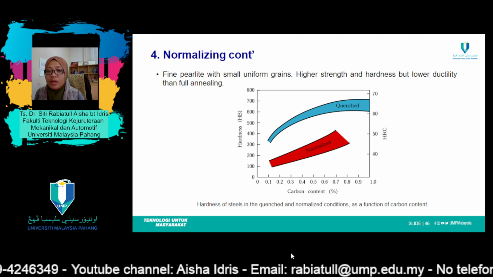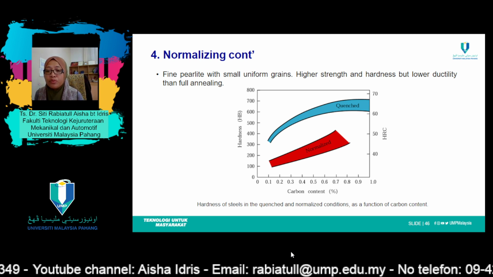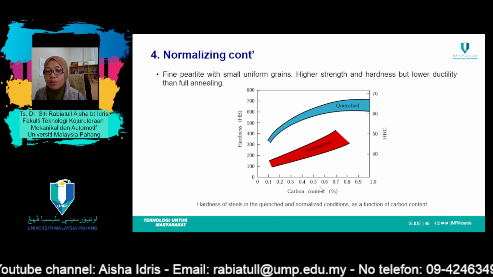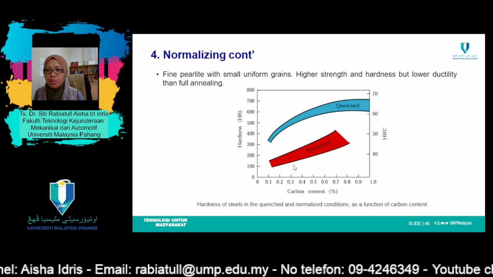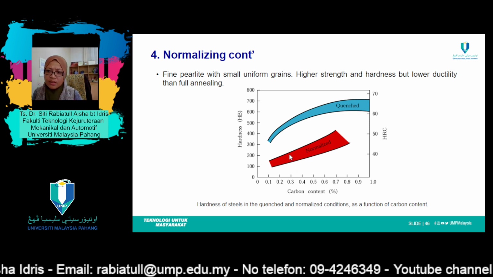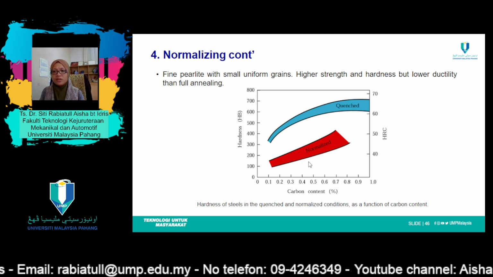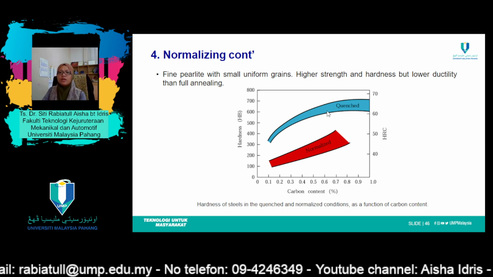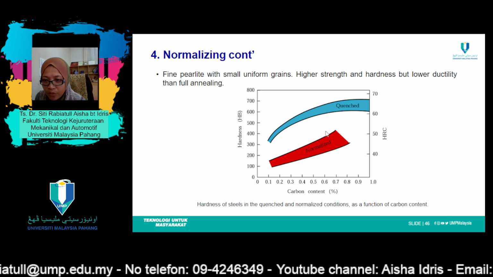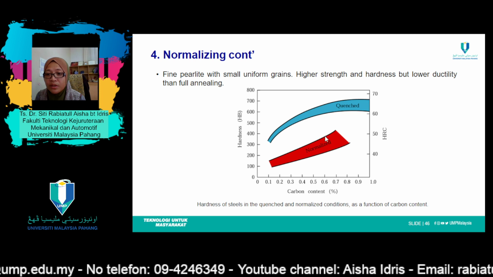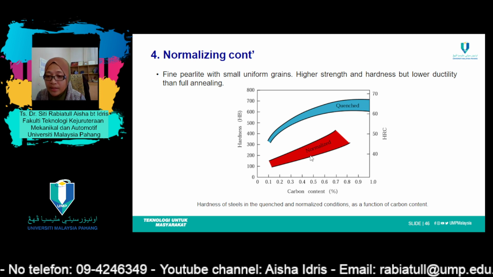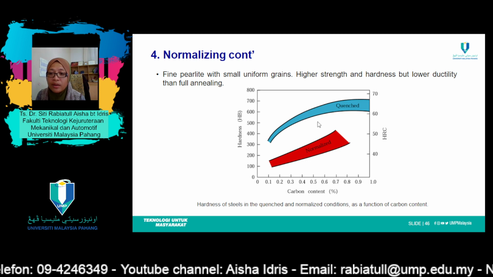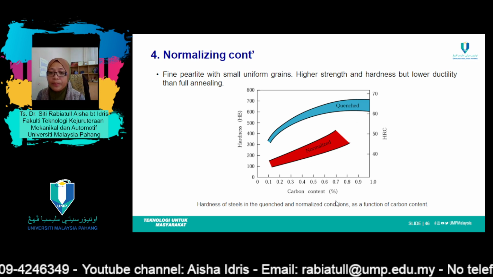Materials that are exposed to the normalizing process will have lower hardness. For this case, I'm referring to the quenched specimen and the normalized specimen. So we'll have lower hardness as compared to a quenched specimen.